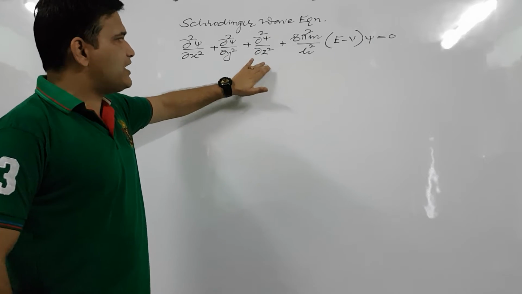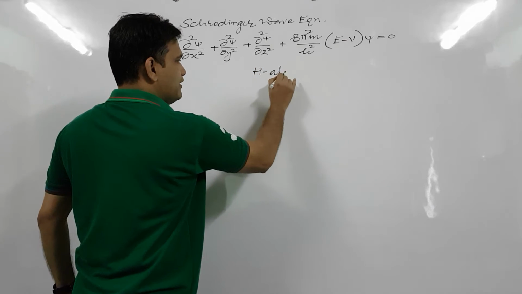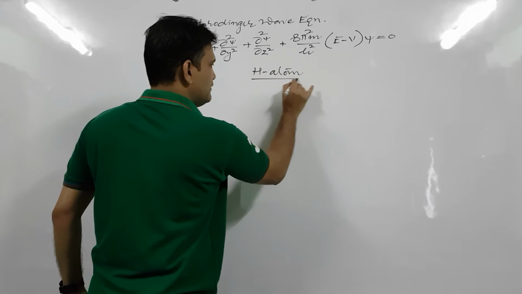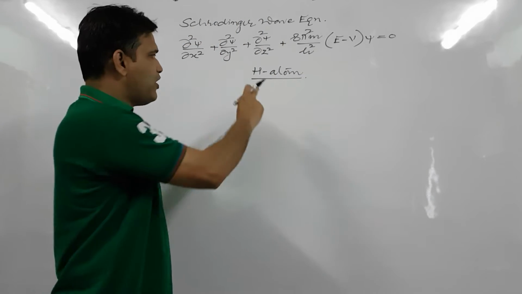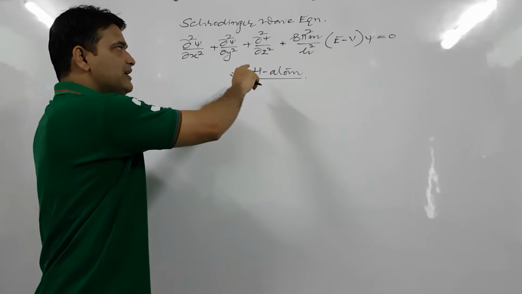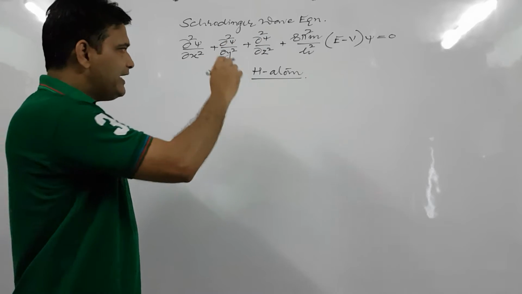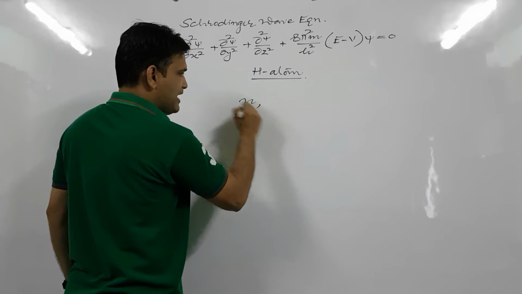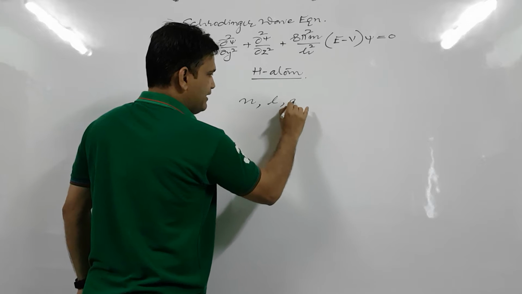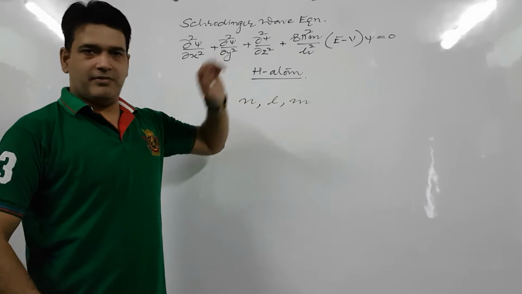When this Schrödinger wave equation was solved for H atom, then many solutions were found, and in those solutions there were constant numbers n, l and m, and these are the quantum numbers.